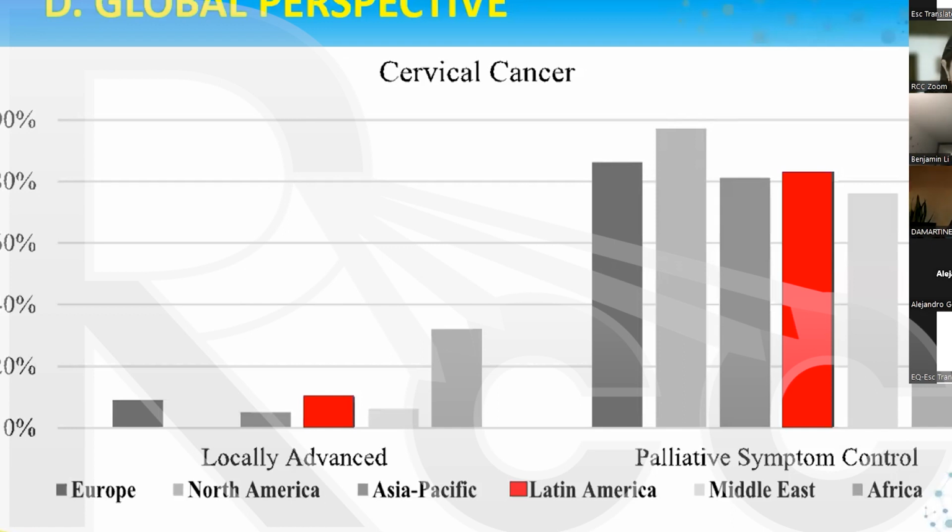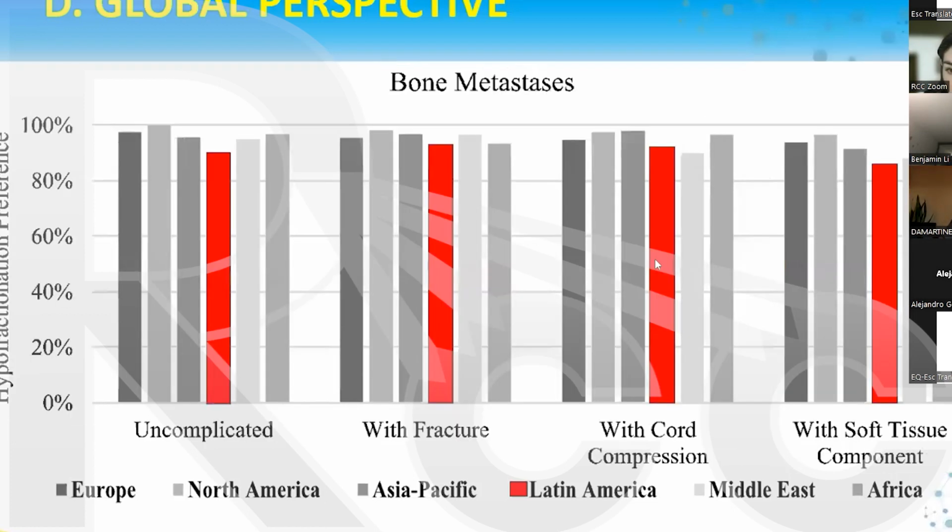We have treatment results done mainly in India, and in our region, there is a protocol in Mexico and a protocol in Bolivia that are in process to increase the use of this treatment for this pathology, and we know in radiobiological terms that for cervix cancer, it's highly needed.